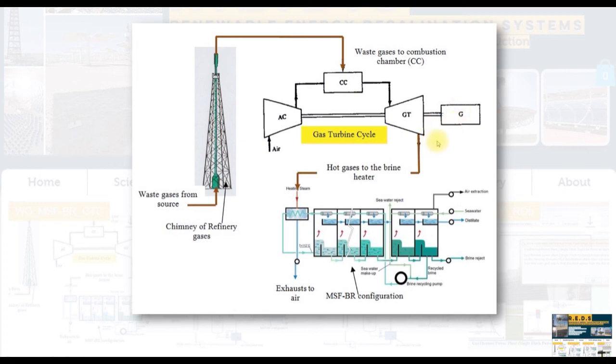The study can tell us that we can produce more than 100 megawatts, and the rest of the hot gases can be used to operate the brine heater in order to power the multi-stage flash thermally.